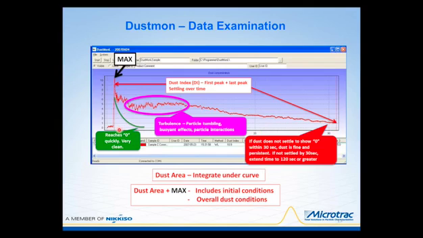Now, the dust area plus this value allows us to include all the initial conditions as well as the settling conditions. So the combination of dust area plus max provides an indication of overall dust conditions that might be expected from this material.